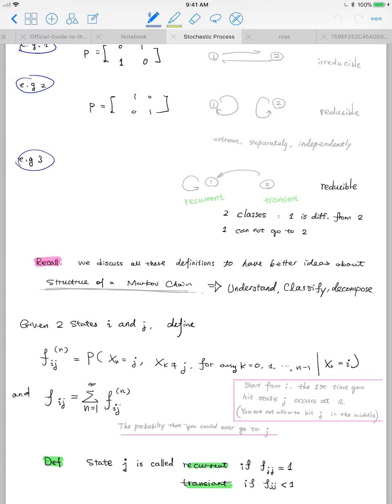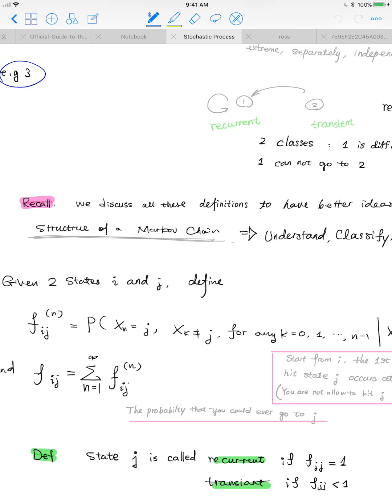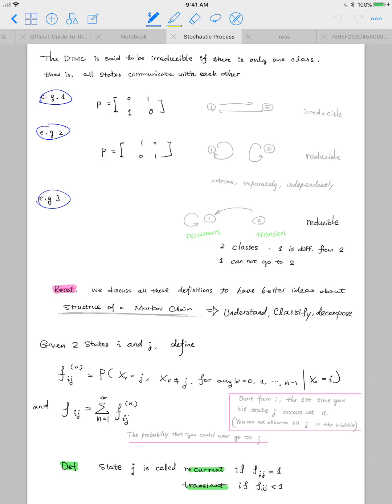So you could use one step to enter state J, or two steps, or five or six or n steps. Once we have these two terms, we can define the state as recurrent if fjj equals 1, and transient if fjj is smaller than 1.